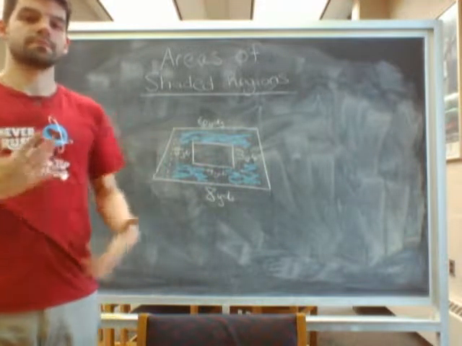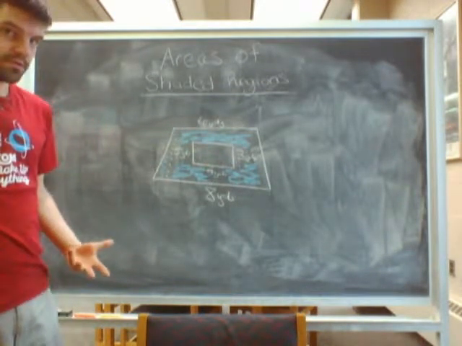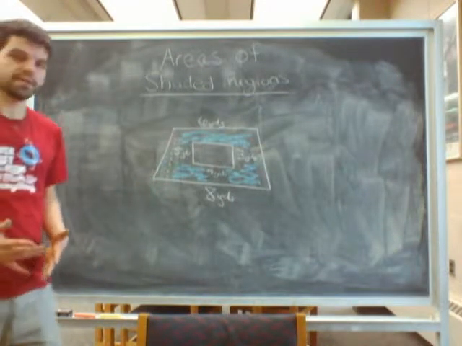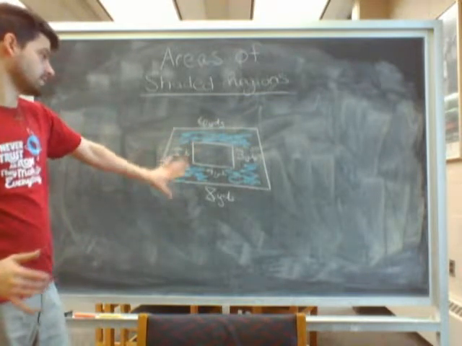There's no direct plug and chug calculation formula that we currently have at our disposal to solve for that shaded region. But just like we did in the last example, we can just take out pieces and we can solve for it.